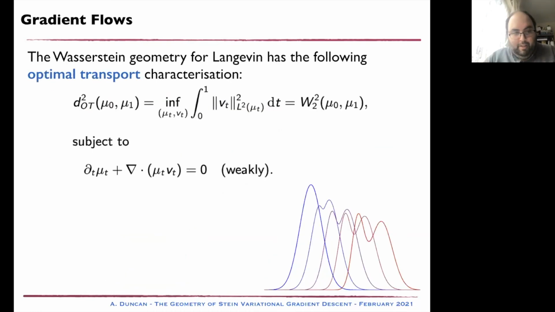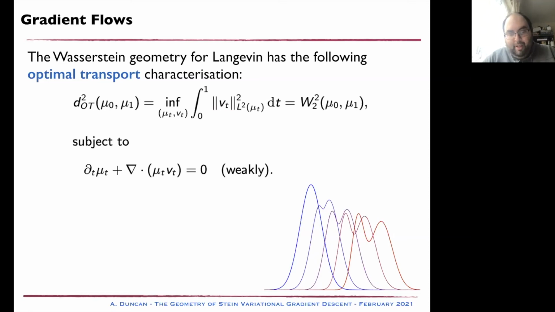Let's talk very briefly about the optimal transport distance, or the Wasserstein distance. How is this characterized? There are various ways to define Wasserstein distance, but the one that makes most sense in this context is what's known as the optimal transport characterization, or the Benamou-Brenier formulation, so to speak. Given two probability distributions, mu0 and mu1, we define the distance to be basically the minimum of the integral of the norm of V_t. And V_t is a vector field.